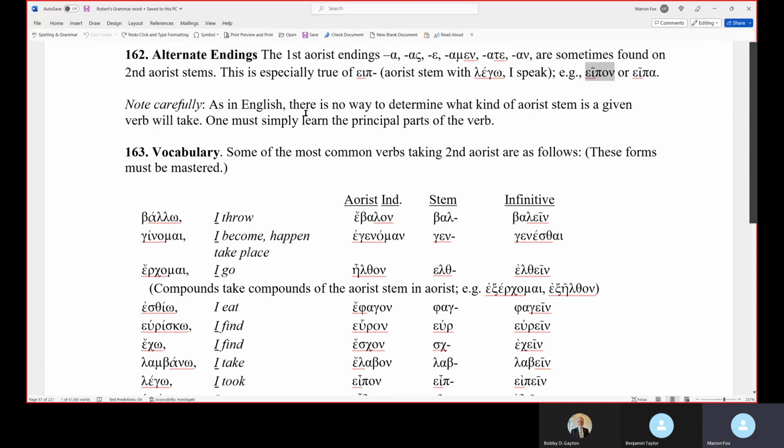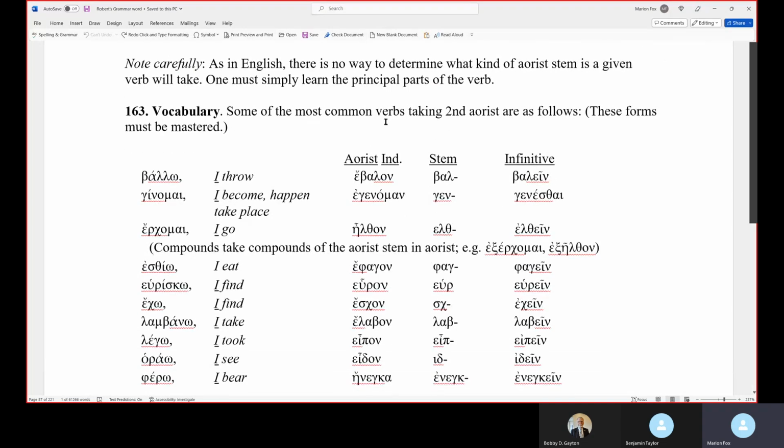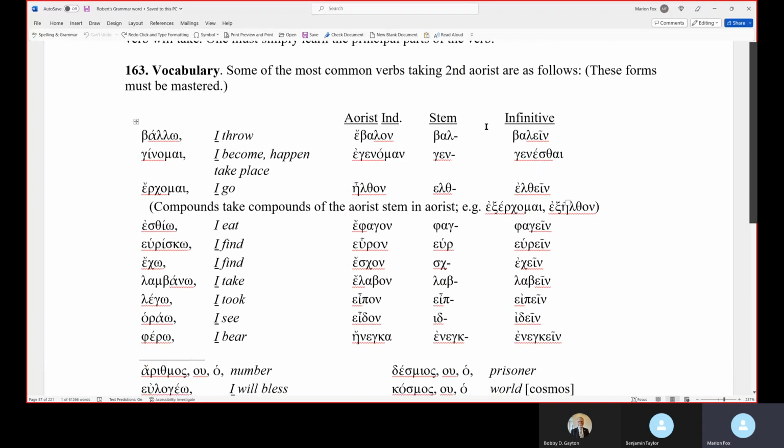Carefully, as in English, there's no way to determine what kind of aorist stem a given verb will take. Let's learn the principal parts of the verbs. So we're going to have vocabulary now. Some of the most common verbs taking second aorist are in this vocabulary. What he's showing us here is ballō, "I throw," and then ebalon.